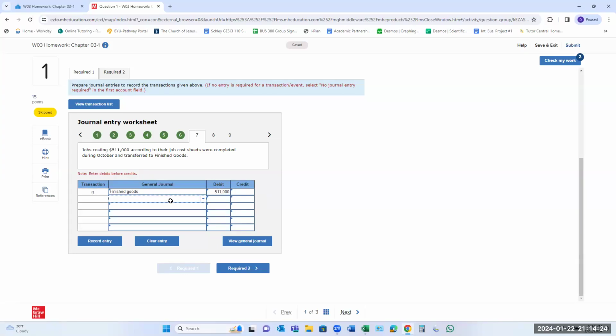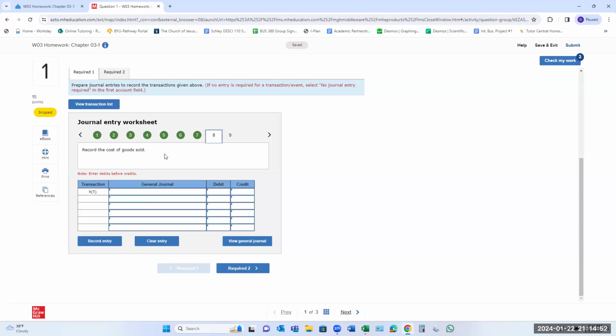And then it's going to come out of work in process as a credit. So again, it's that thought process of these T accounts where things go in and things go out, and how they flow from one account to the next as we complete the manufacturing process. Okay, I believe that's everything for that one.